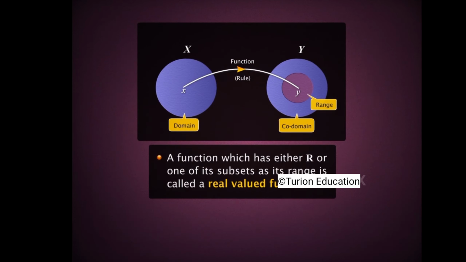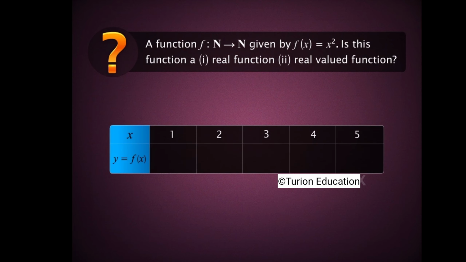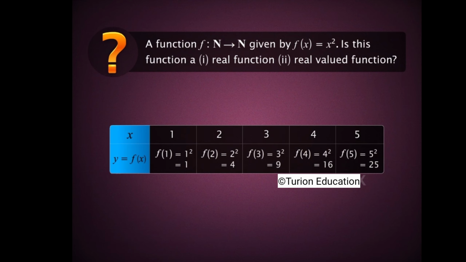For example, consider this function f from the set of natural numbers to itself. Is it a real and real-valued function? Let us find the function values of x equal to 1, 2, 3, 4, and 5. On substituting these, we have found out the range as well.